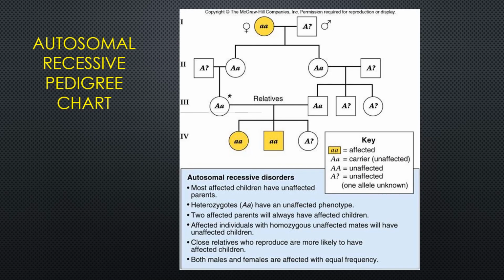So when we look at autosomal recessive pedigree charts, this is what it's going to look like. You can tell this person right here would be affected by the disorder. Somebody like this is going to be a carrier. And again, here we go, two that are affected, and we know that it's an autosomal disease because it's male and female, so it doesn't matter what the sex of the carrier is. And so that is how we look at that mapping of the autosomal recessive disease.